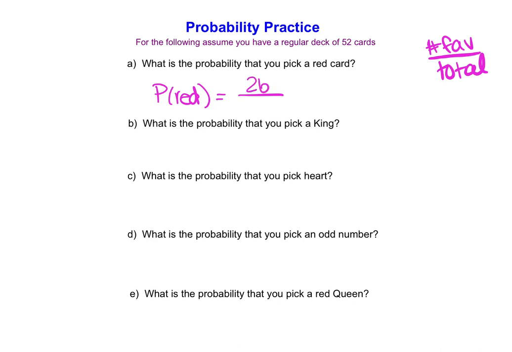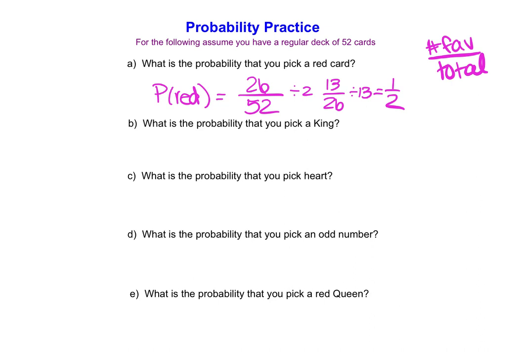So we have 26 favorable outcomes, and then we have 52 total cards, or 52 total outcomes. So our probability is 26 over 52. Now we need to simplify this, so I'm going to divide by 2, so I get 13 over 26. I can divide each of those by 13, so I end up with a probability of 1/2.